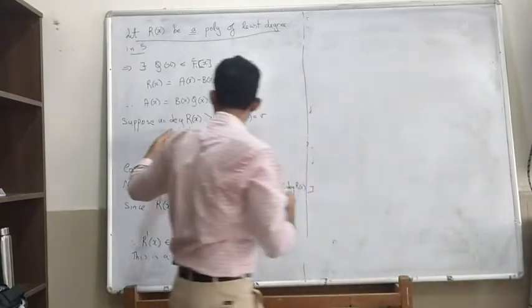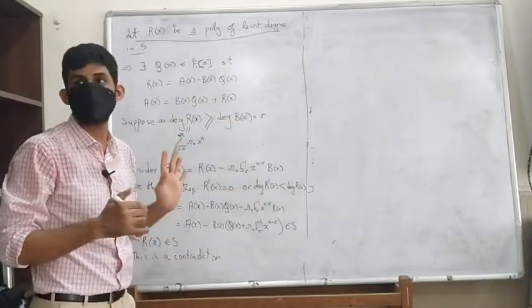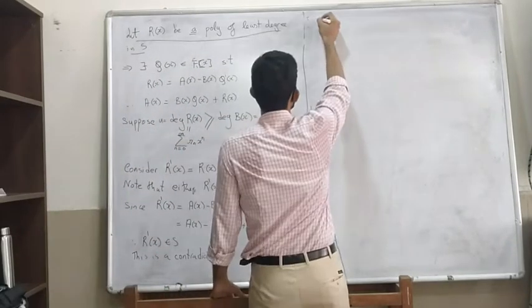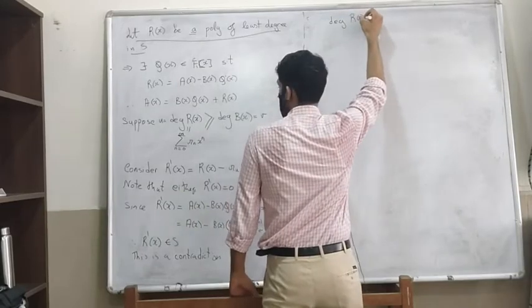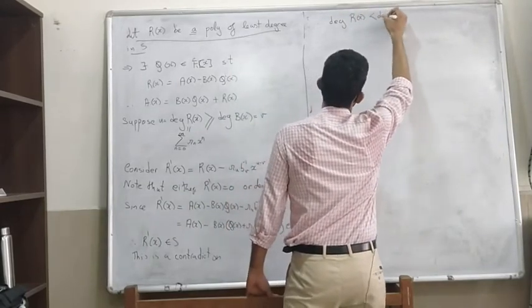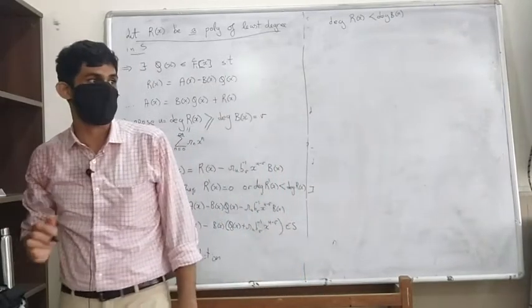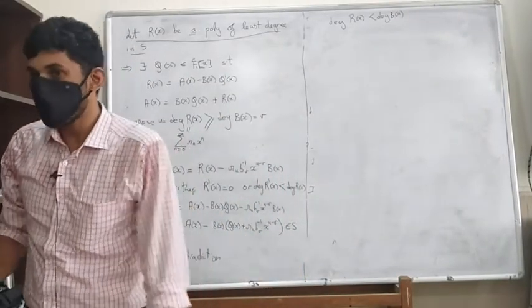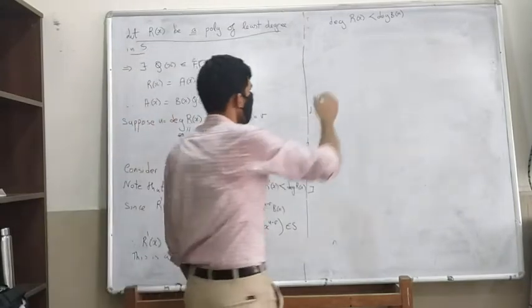The degree of r of x is strictly less than the degree of b of x. So this proves the existence part of the theorem. Okay. The next thing is we need to prove uniqueness of this theorem. Okay. So uniqueness.